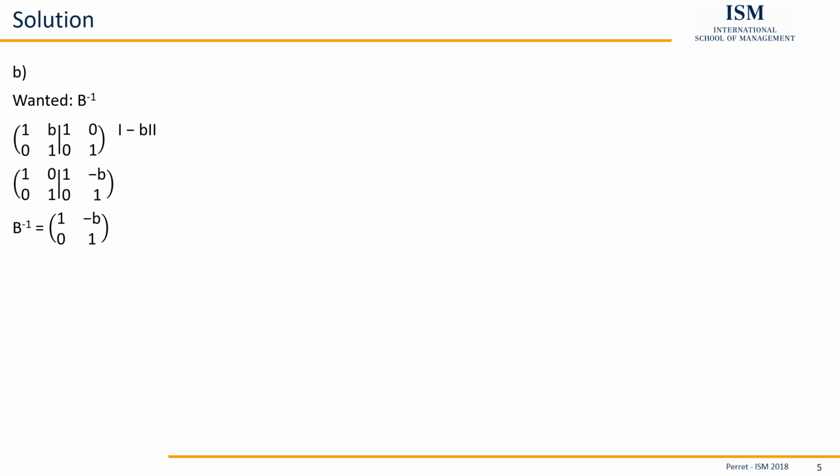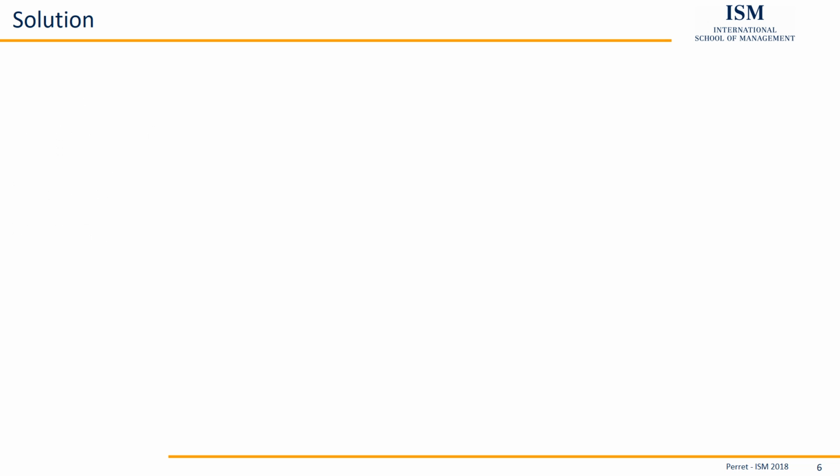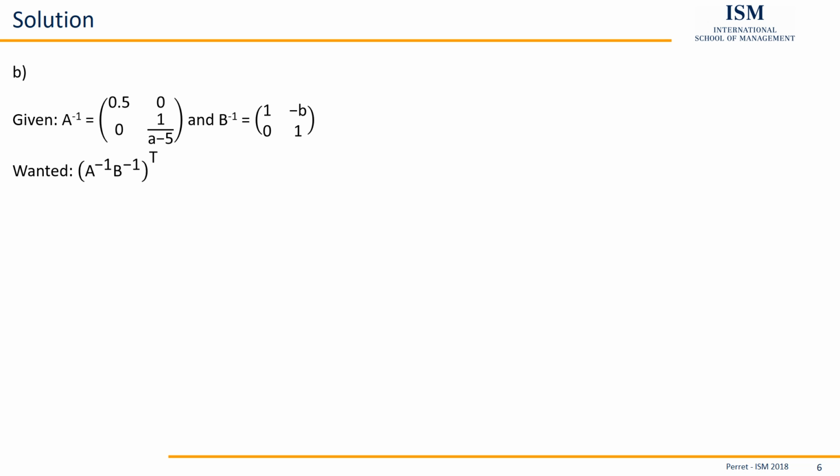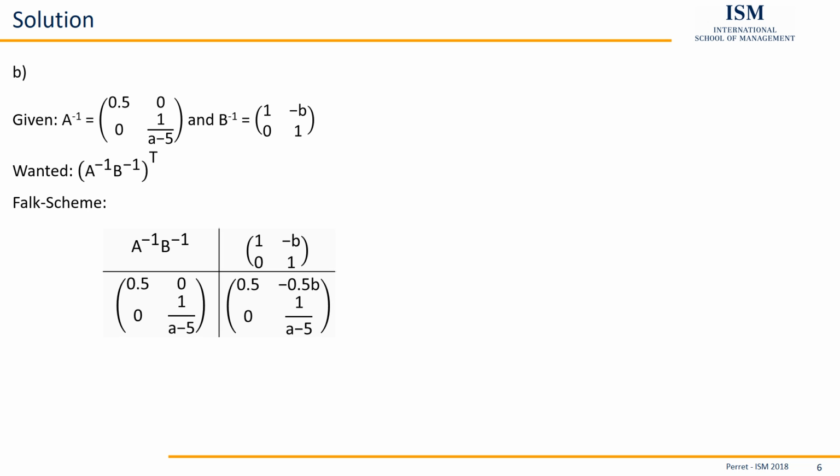Meaning we have the inverse of matrix A and the inverse of matrix B, so we can multiply both of them. That's what we are going to do here. Given the two matrices, we can multiply them and then transpose the result. If we multiply them, we use the so-called Falk scheme, meaning we put them here in the four-quadrant part.